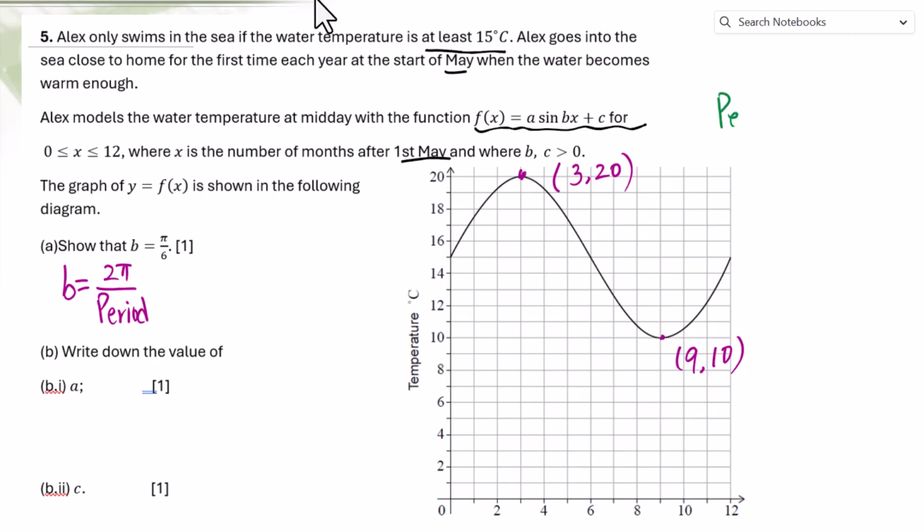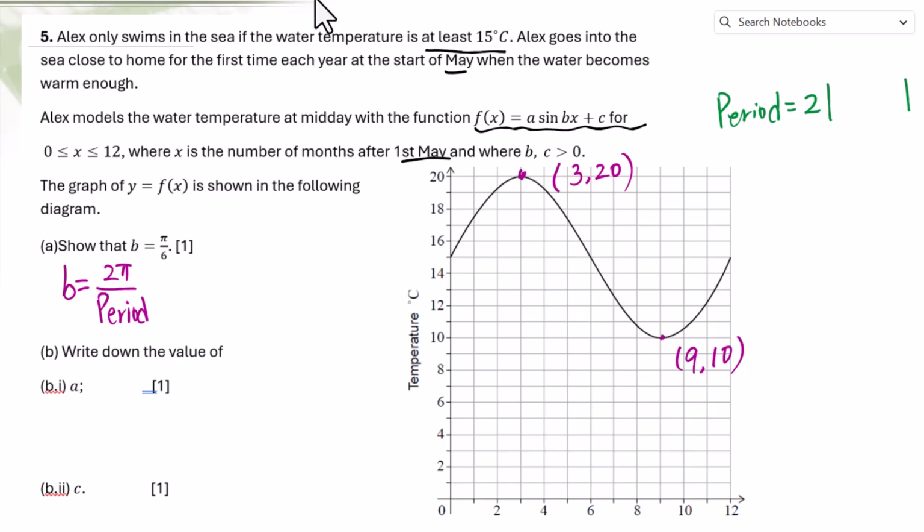We will use this formula: period equals double the horizontal distance between the neighbor maximum point and minimum point.